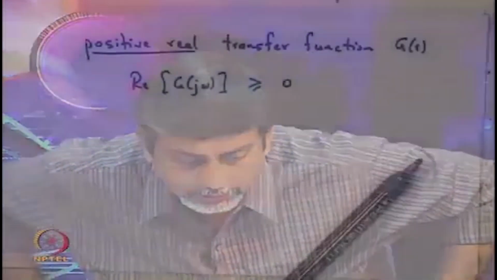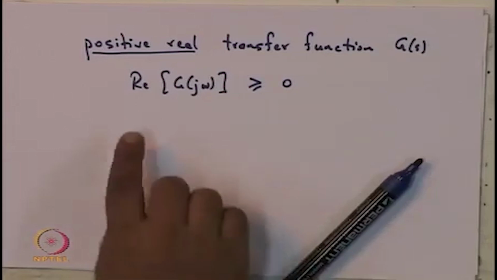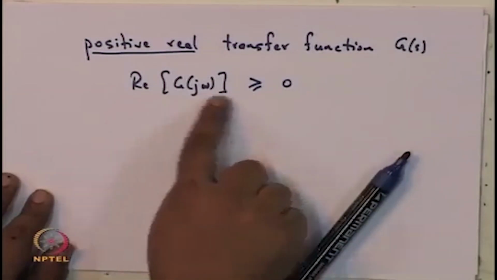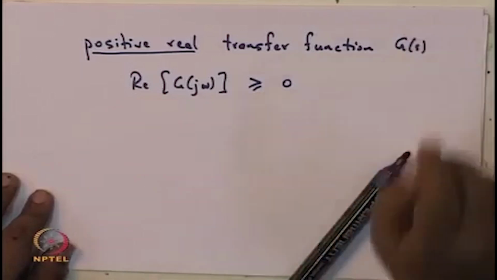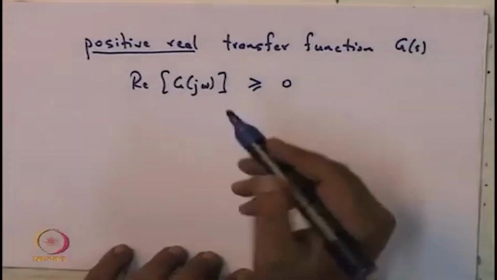Okay. So, now I would give some examples to try and tell you what exactly is the difference between defining positive reality in this way and defining positive reality in the sense of this plus G(s) being stable. Okay. So, let us look at some examples.